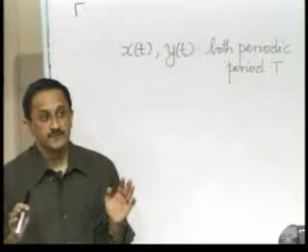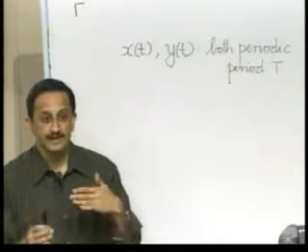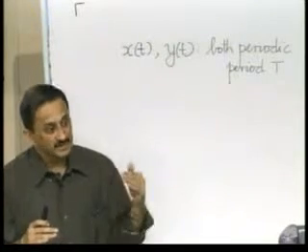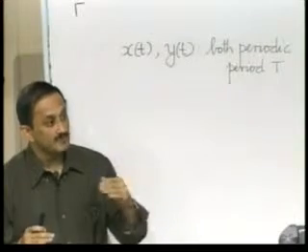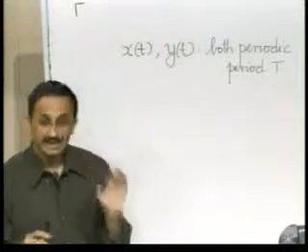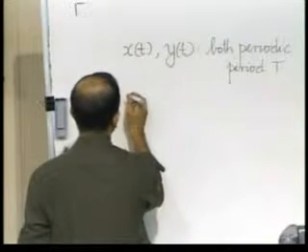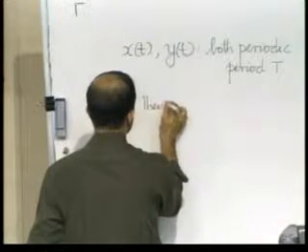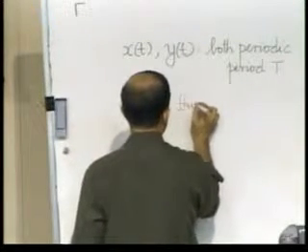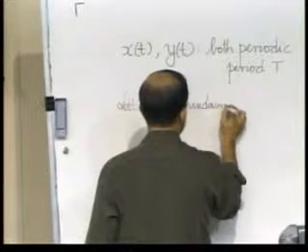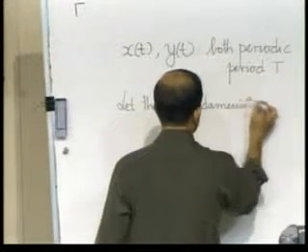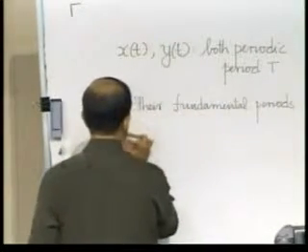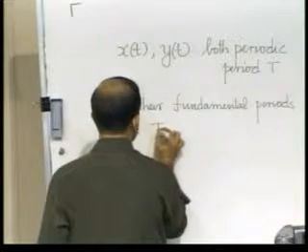It is possible to find a common period. And how do we find a common period? By taking the least common multiple of the periods. So, the first thing is of course that x(t) and y(t) must individually be periodic. Let their fundamental periods be Tx and Ty.